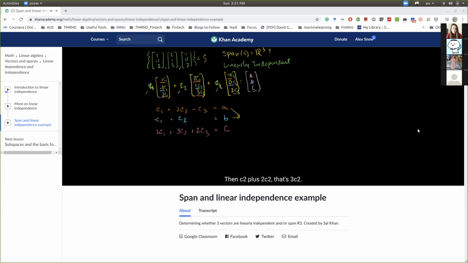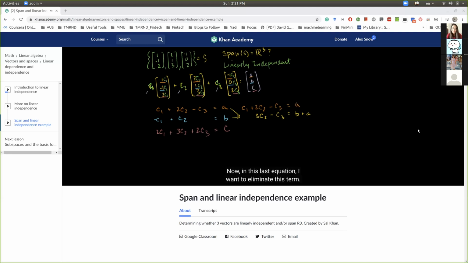Then C2 plus 2C2, that's 3C2, and then 0 plus minus C3 is equal to minus C3. Minus C3 is equal to, and I'm replacing this with the sum of these two, B plus A. Let me write down that first equation on the top. So the first equation, I'm not doing anything to it. So I get C1 plus 2C2 minus C3 is equal to A.